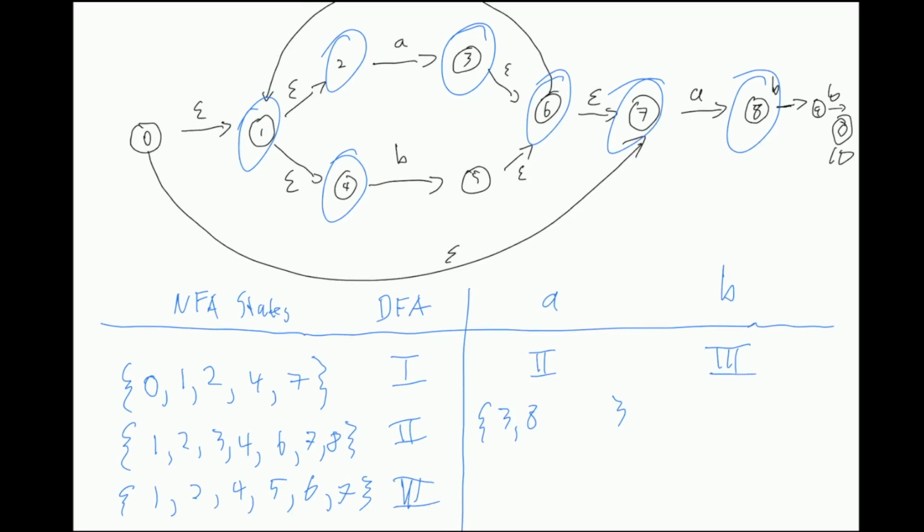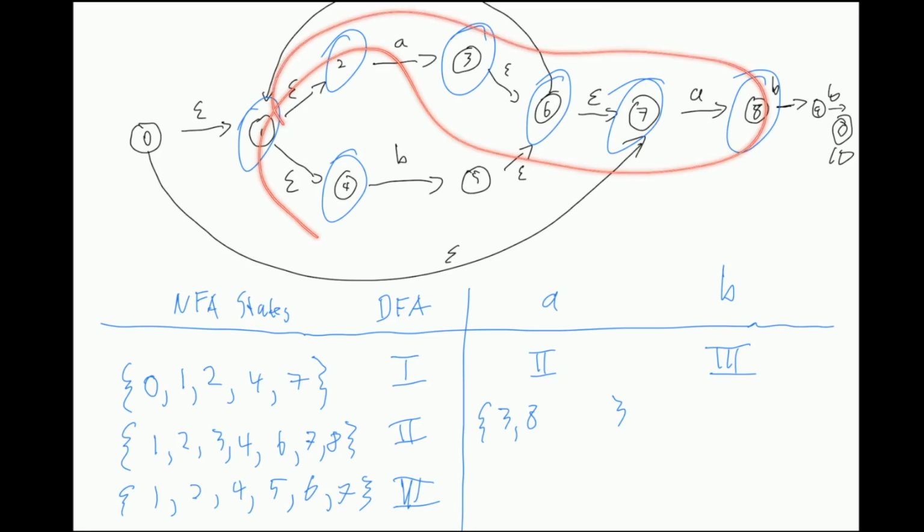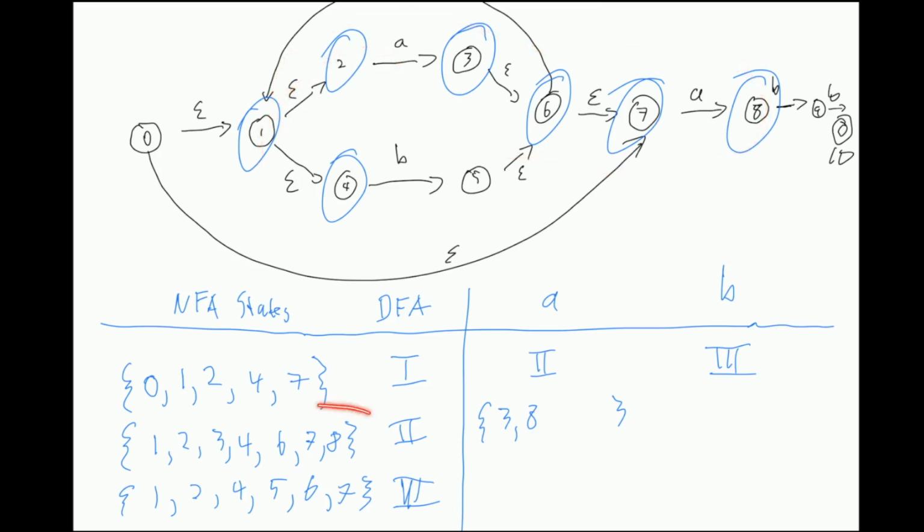And so it's tricky to tell quickly by eye, but this set of states is the exact set of states that we had in here. It's the same state. So 1, 2, 3, 4, 6, 7, and 8. So what this is telling us is that when we are in this state and we see A, we go back to DFA state 2.